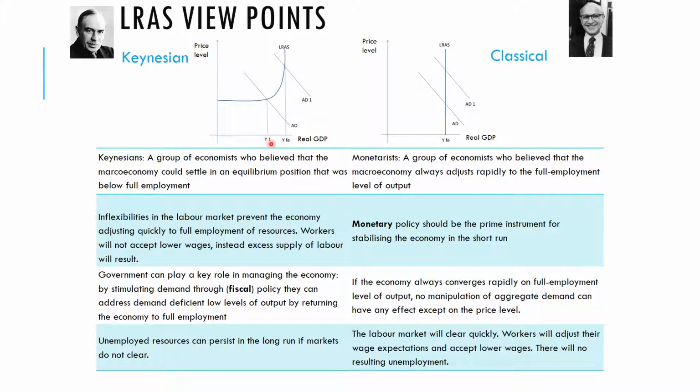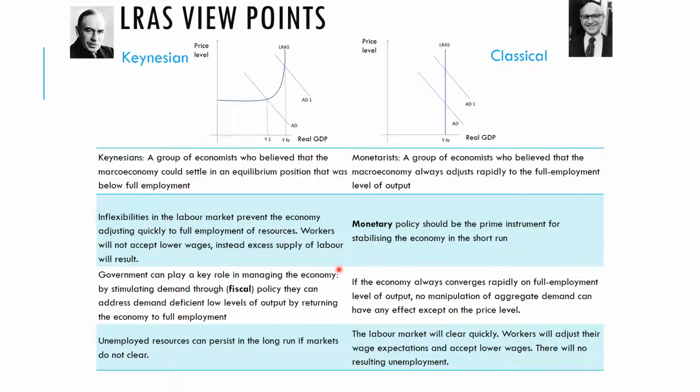It won't automatically revert back to the maximum level of output. And often it is the responsibility of governments to increase aggregate demand to ensure that the economy returns to the full employment level of output. So the government can play a key role in managing the economy by stimulating demand through fiscal policy.